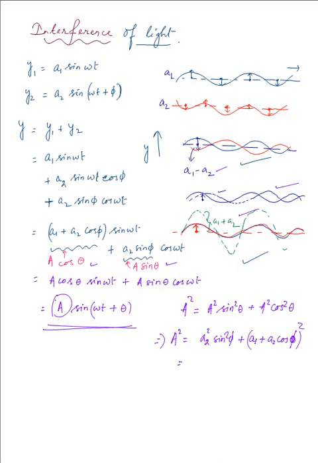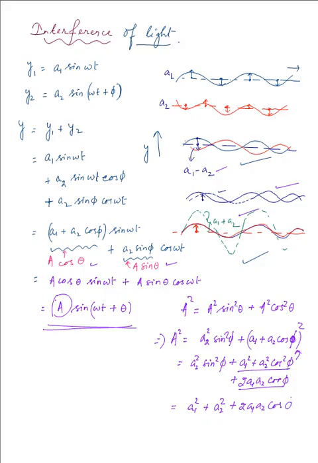Well, that is A2 squared sine squared phi plus A1 squared plus A2 squared cosine squared phi plus 2 times A1 A2 cosine of phi. That's the square term of the second one. So A2 squared sine squared phi plus A2 squared cosine squared phi is simply A2 squared. Let me write A1 squared first. So then I have A2 squared, then I have 2 A1 A2 cosine phi.